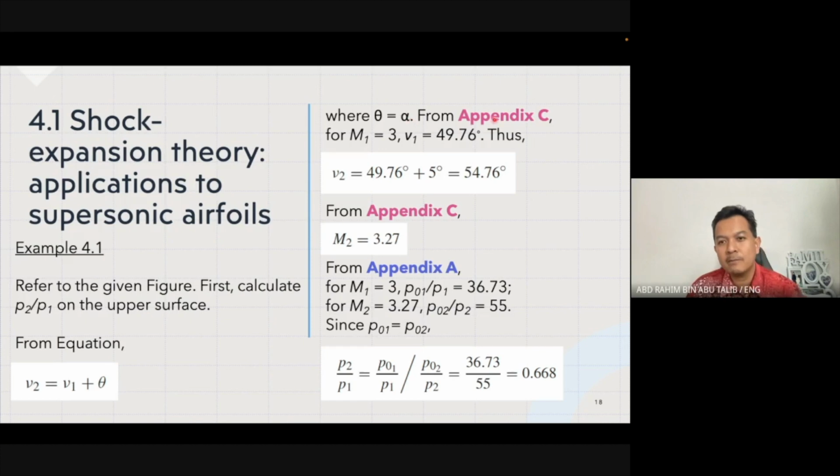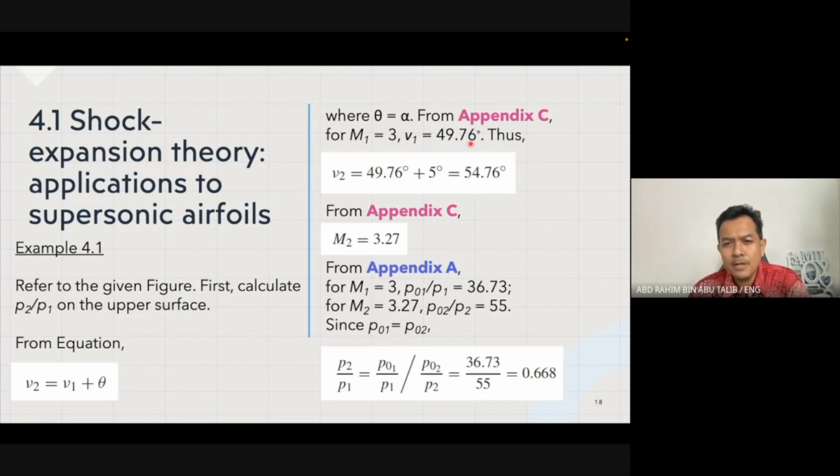Now we look at the Prandtl-Meyer table, Appendix C. I do not have to go into Appendix C now; maybe later you can look into it in your reference. If you find Mach number equal to 3, you will find that the V value is equal to 49.76 degrees.